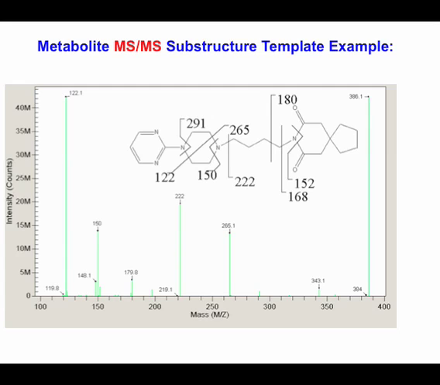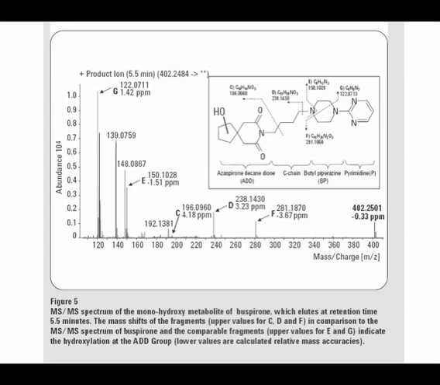Metabolite can sometimes be toxic, inactive, different things can be said. So this is an MS substructure that showed us where the OH group is located. However, this OH group cannot be determined in this way, so the MS cannot help here.